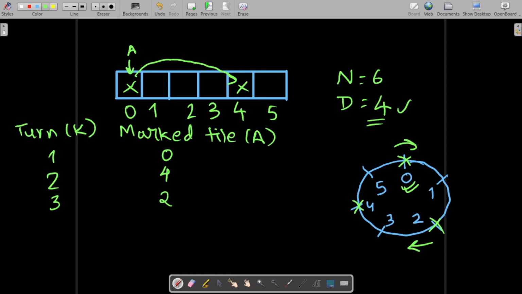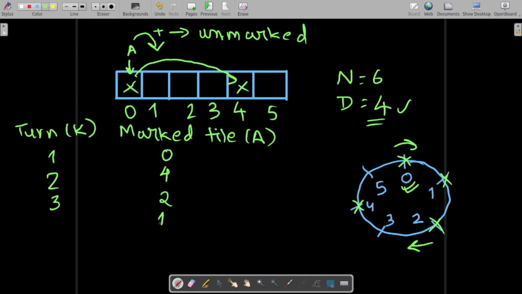Now this time we have already marked the tile 0, so we will have an increment. We will iteratively move towards the right until we find an unmarked tile, and then we will simply continue this procedure. Luckily in this case the immediately next tile, 1, is unmarked, so we'll mark 1 this time.